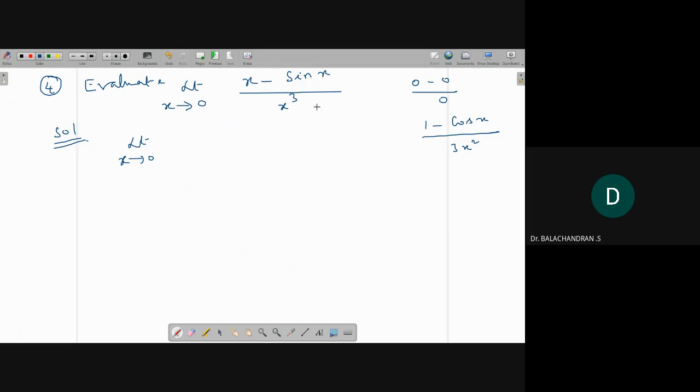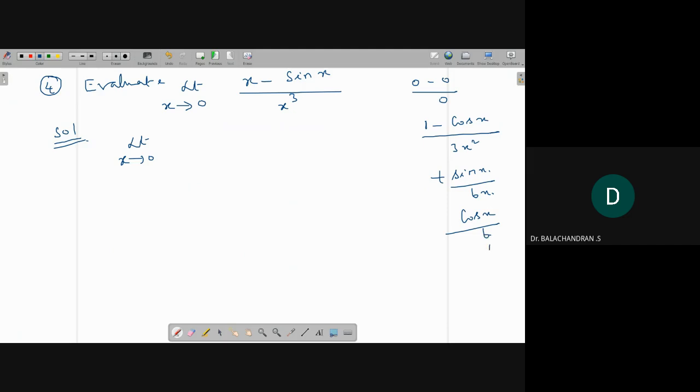Again you will get 0 by 0, because 1 minus cos 0, cos 0 is 1, so 1 minus 1. So again you will differentiate: minus of minus gives plus sin x, divided by 6x. Again you have 0 by 0, so differentiate again, and you get cos x divided by 6.